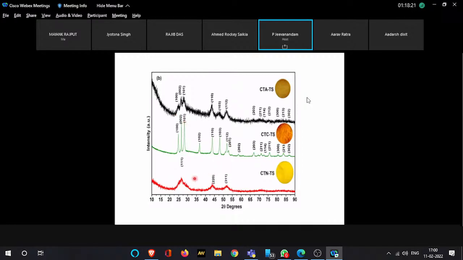But what is written here, 111, 220, 311, what is meant by this? I'm sure you know. 100, 002, what are they? Coordinates. Say it again, please. Coordinates.